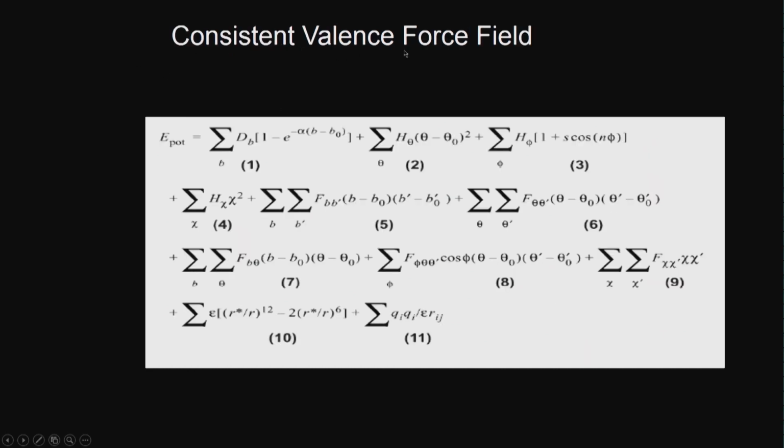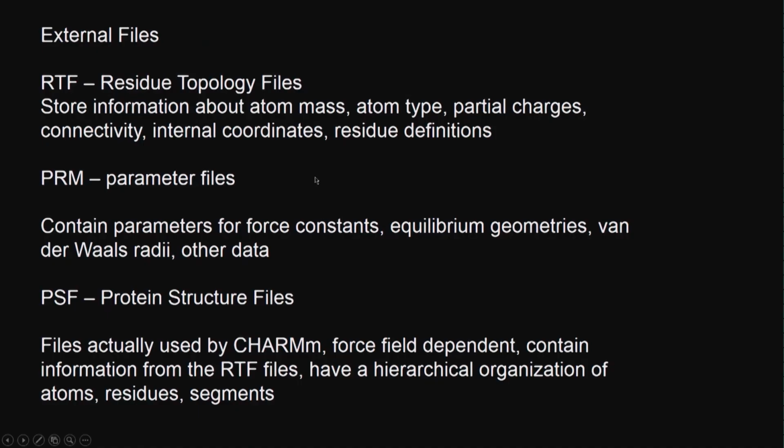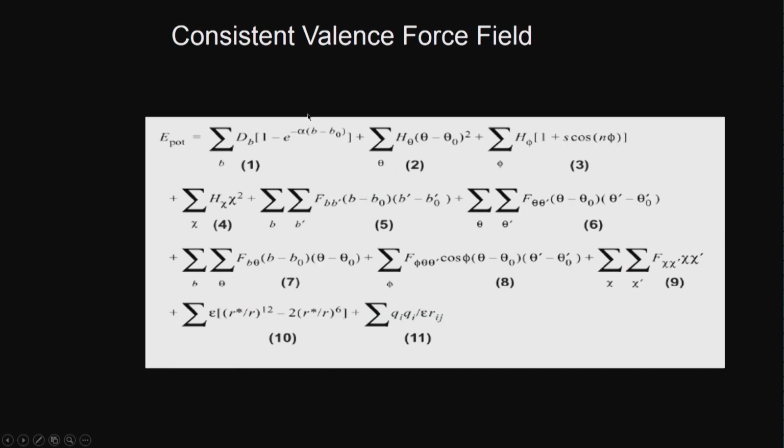Then CVFF, consistent valence force field. As you can see, the bond stretching has become different, it is a Morse term, not this type of term. They use the Morse term, and then they use the same equation for angle bending and torsion. Now you see there are a lot of cross terms there: stretch-angle, stretch-angle, like that.